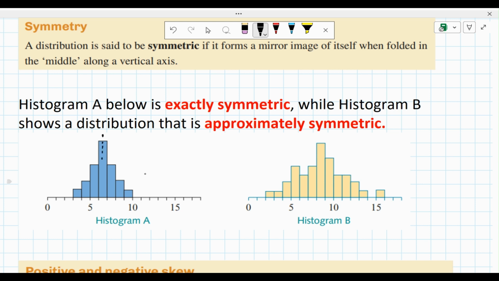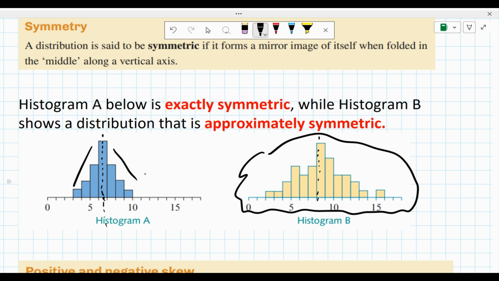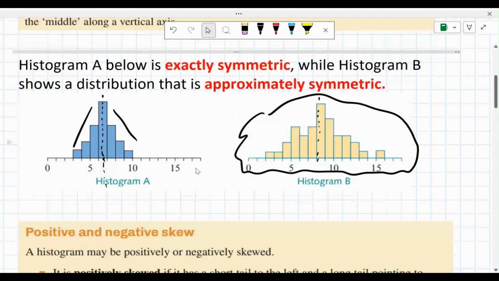So for exactly symmetric, if I draw the middle line, we can say this side and this side are pretty symmetric. And this one is approximately symmetric. Normally we will get histogram B most likely. If you get a histogram like A, that's very, very lucky. But histogram B is the most likely one.